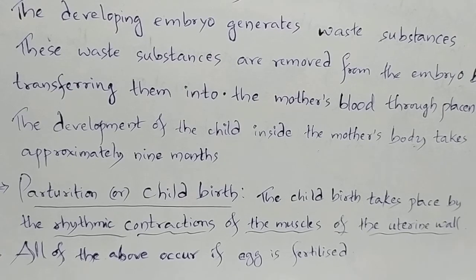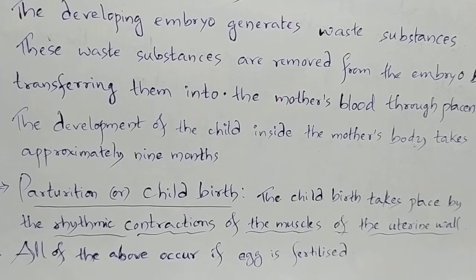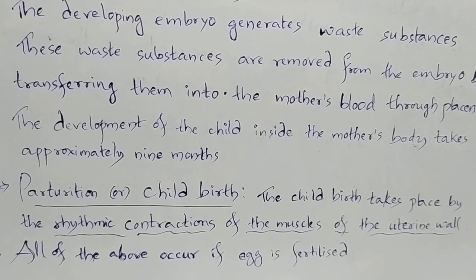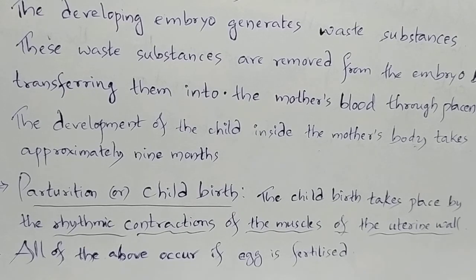So the rhythmic contractions in the muscles of the uterine wall cause the fetus to come out. They cause the child to take its birth, right?